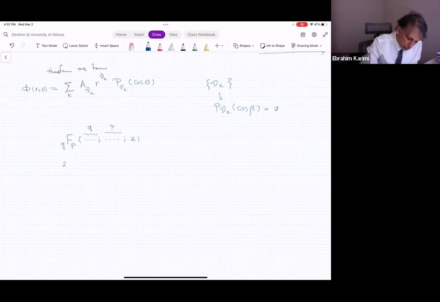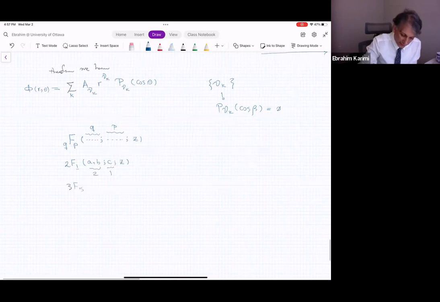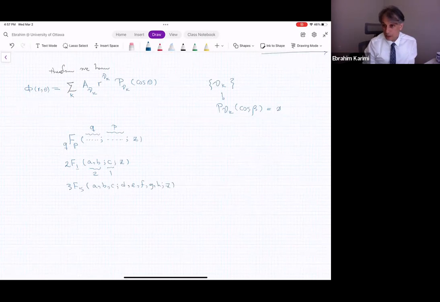For example, 2F1 of A, B, and the 1 will be C, and Z. So you have 2 parameters here, and 1 parameter here. If I have 3F5, it means that I have A, B, C, D, E, F, G, H, and Z. So I have 5 parameters here, and 3 parameters here.